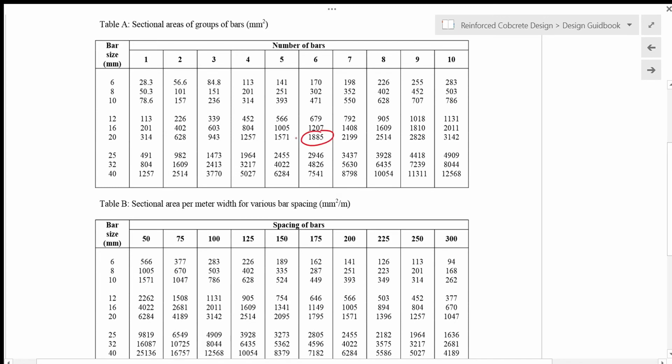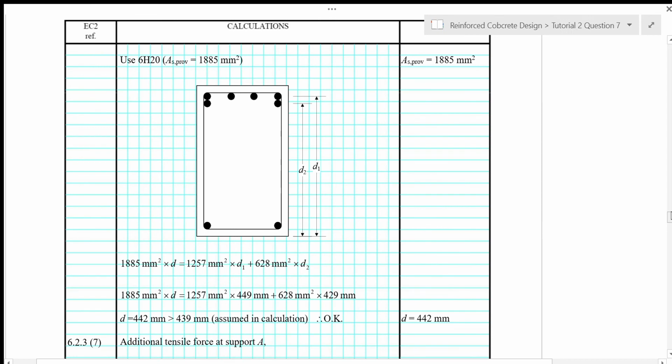1885 square millimeter. So we arrange the reinforcement with 4 bars as the first layer, and then 2 bars at the second layer. So based on this arrangement, we calculate the effective depth for this group of bars by using the principle of moment of area.